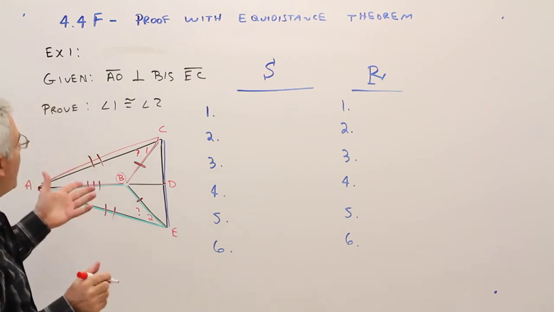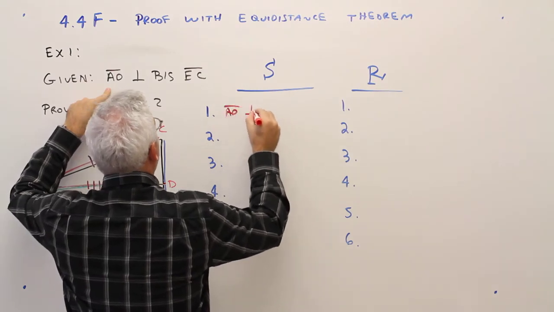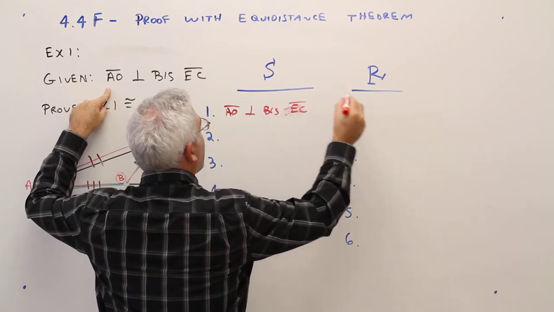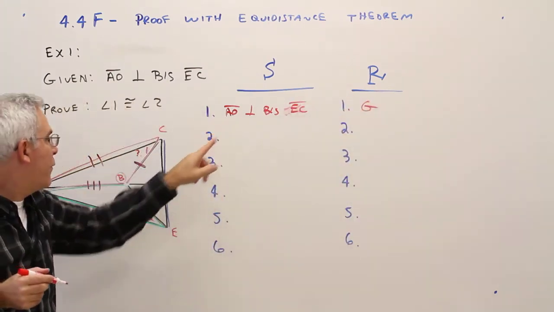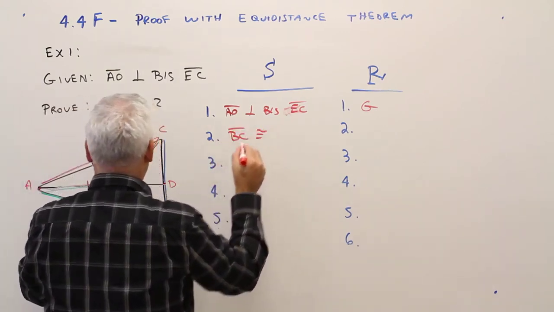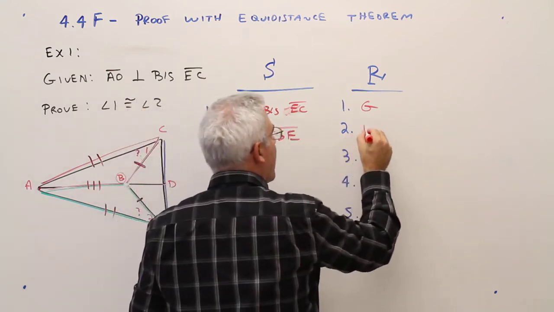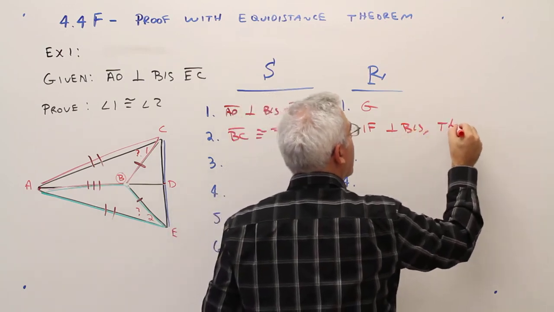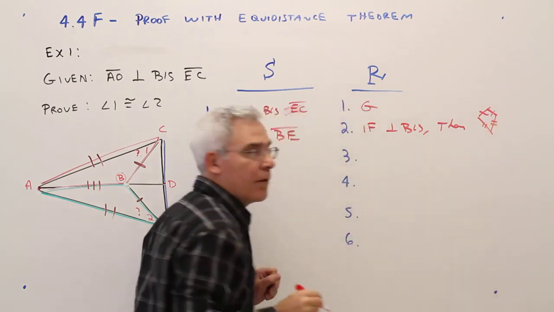Okay, so I'll start with this. AD, perpendicular bisector of EC, given 2. I guess I'll just use that. So from that, I'll get BC is congruent to BE, and I'll say if perpendicular bisector, then that equidistant thing.